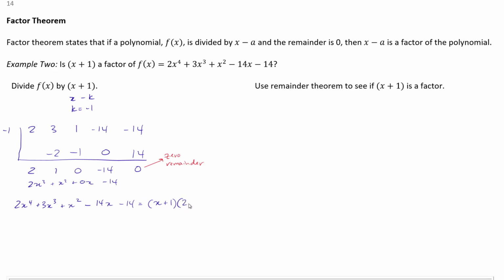So then 2x cubed plus x squared minus 14 right there.